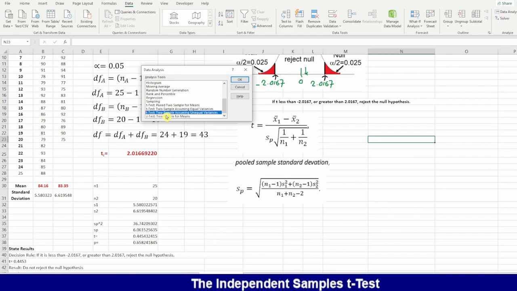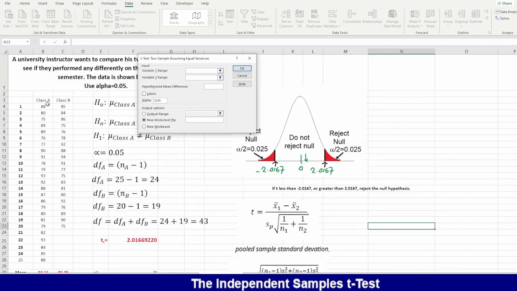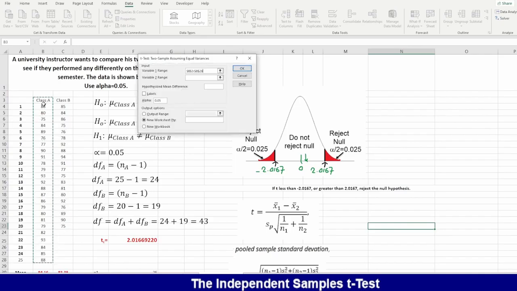t-Test: Two-Sample Assuming Equal Variances. Okay, and then okay, and it's asking me where is the range. I am telling it the range here. You see, I include the label.